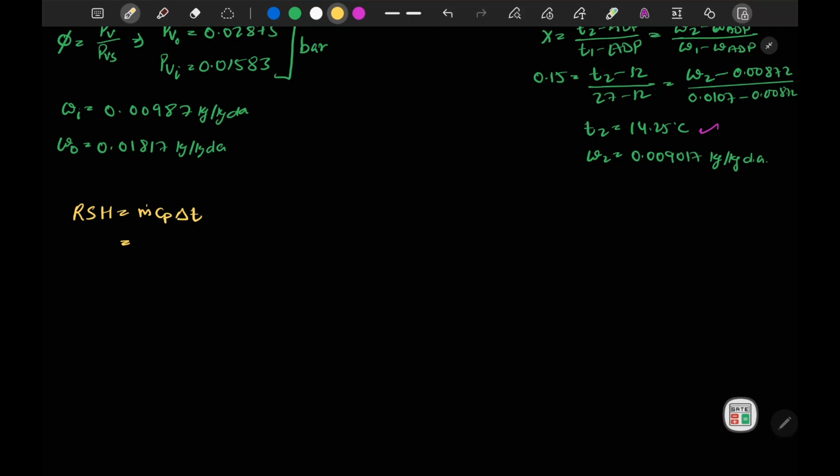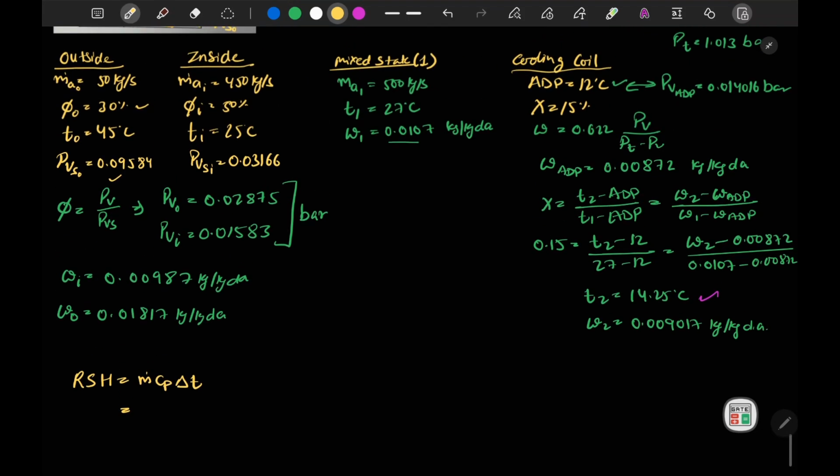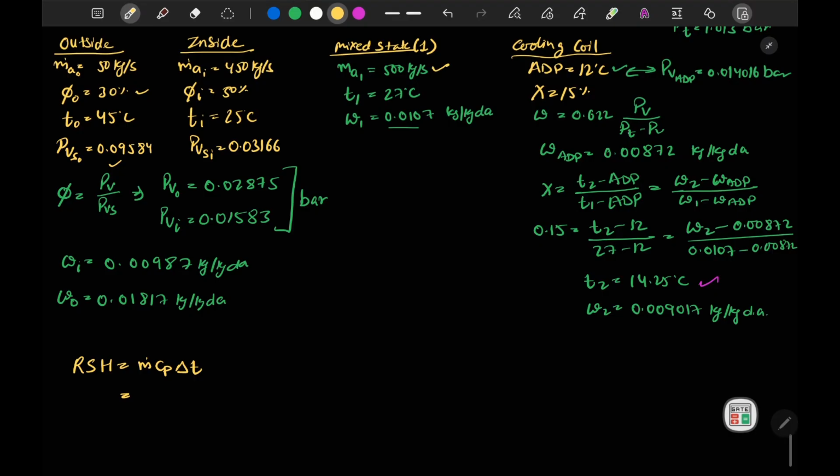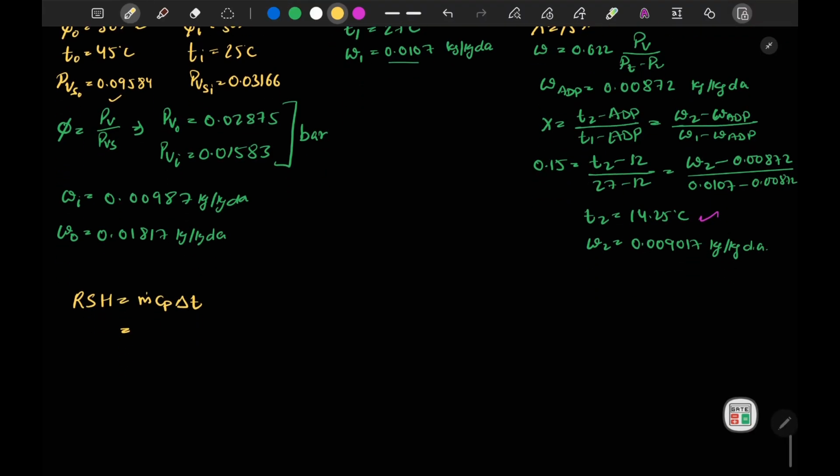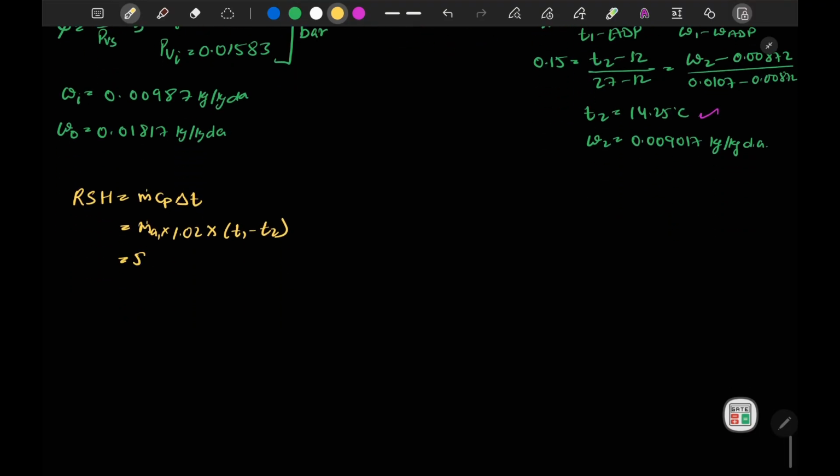Inside the room, your room mass flow rate is ma1, so we can write it as m dot a1 into Cp of moisture given by 1.02, into delta T, which is T1 minus T2. So ma1 given is 500 into 1.02 into T1 minus T2.